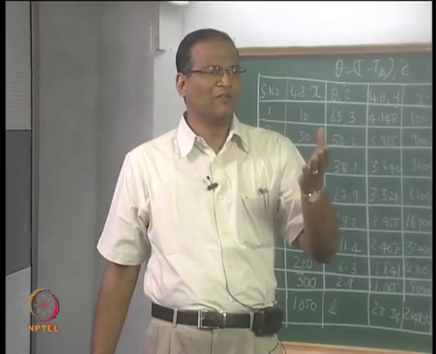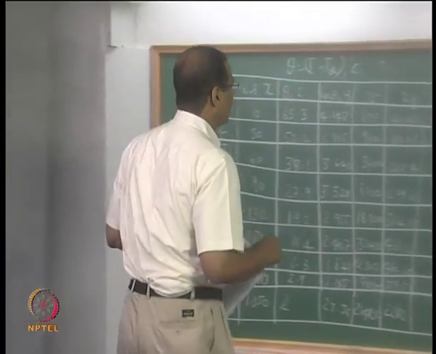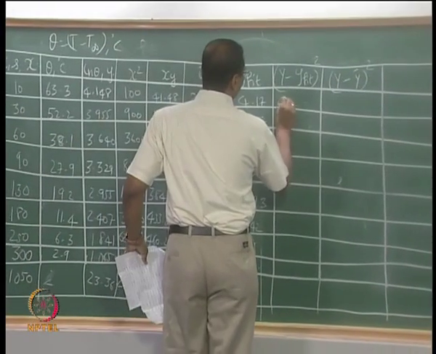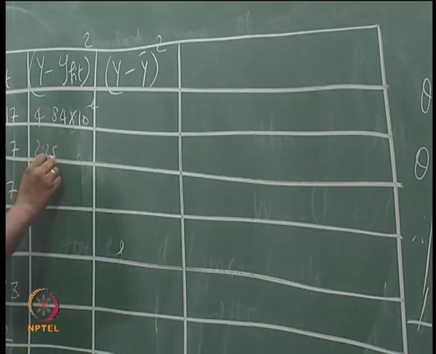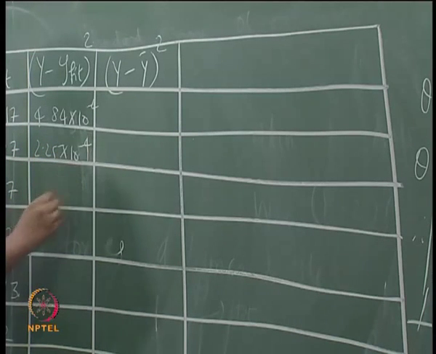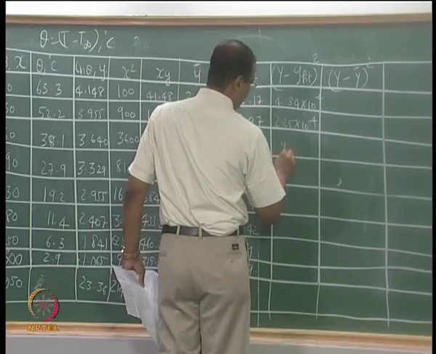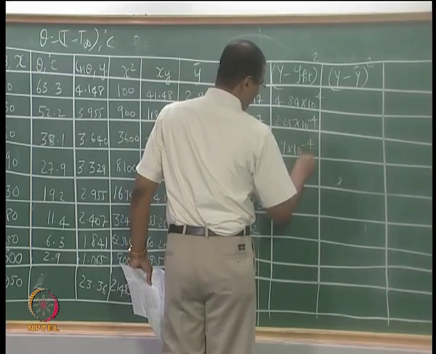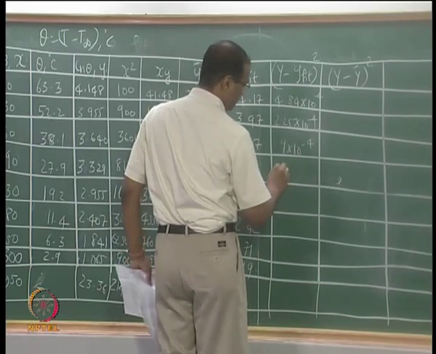Yeah, somebody can tell me, Vikram or 4.84 into 10 minus 4, okay. 2.25 into 10 minus 4. 9 into 10 minus 4. 1.68 into 10 minus 3.